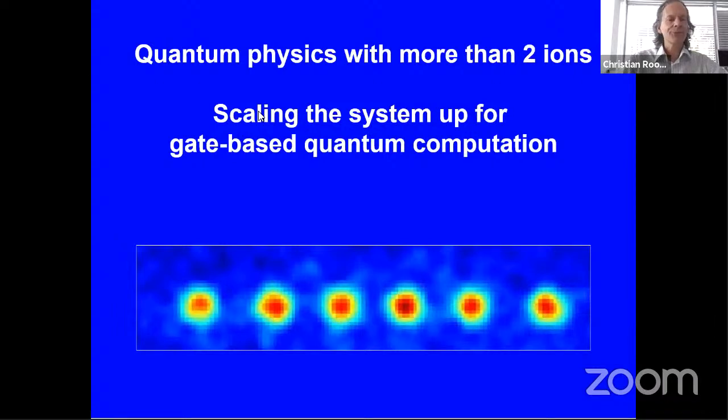Yes, I would say ion qubits and photonic qubits have complementary strengths and weaknesses. Photons couple very weakly to the environment, and in this sense they're great for being transmitted over large distances and for maybe building quantum networks.